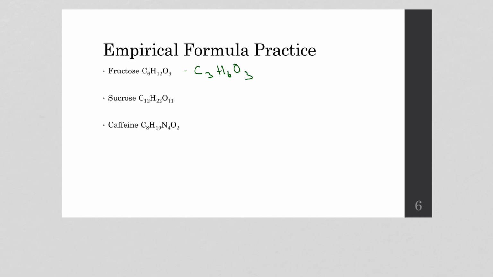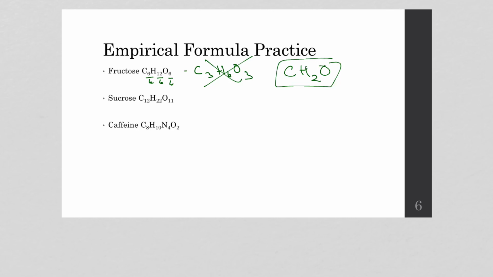But if we look closely at this, this is not the simplest, because we can still reduce this further. So we want to find the biggest factor that we can divide each of these by. It turns out we can divide all of these by 6. And what we really end up with is CH2O as my empirical formula, not that. So again, we have the simplest, a 1 to 2 to 1 ratio of carbon, hydrogen, and oxygen, and we have the molecular formula, what each molecule of that compound actually contains.